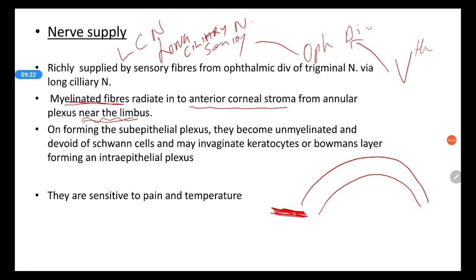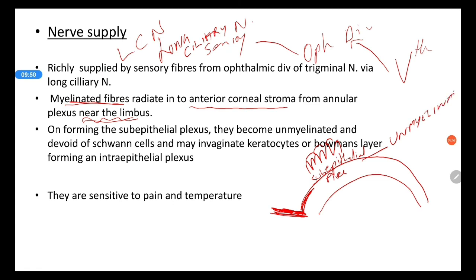The moment they get into the anterior corneal stroma, they form part of a sub-epithelial plexus under the corneal epithelium, and they become unmyelinated.